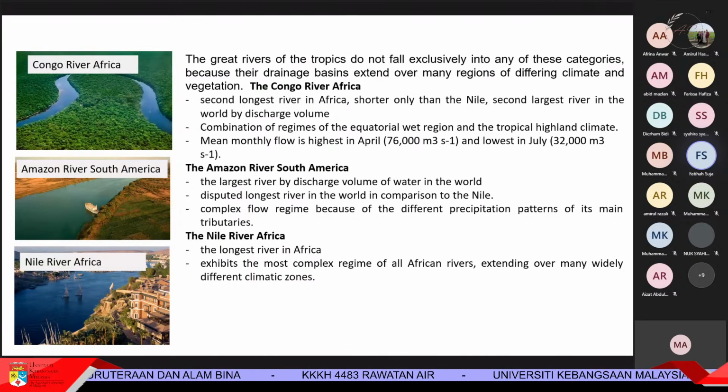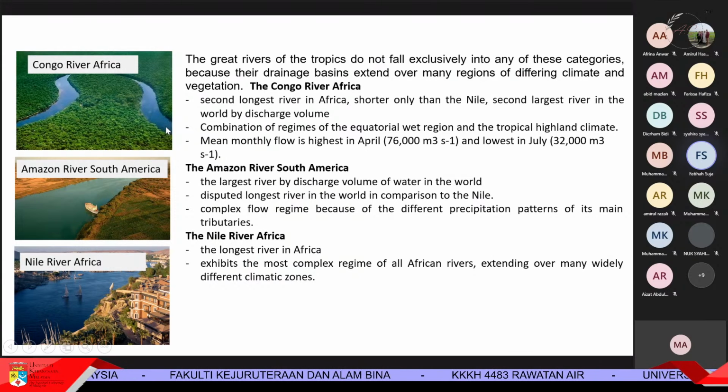of the categories that we have discussed, because their drainage basins extend over many regions of differing climate and vegetation. For example, the Congo River in Africa, which is the second largest river in Africa, shorter only than the Nile, and the second largest river in the world by discharge volume.